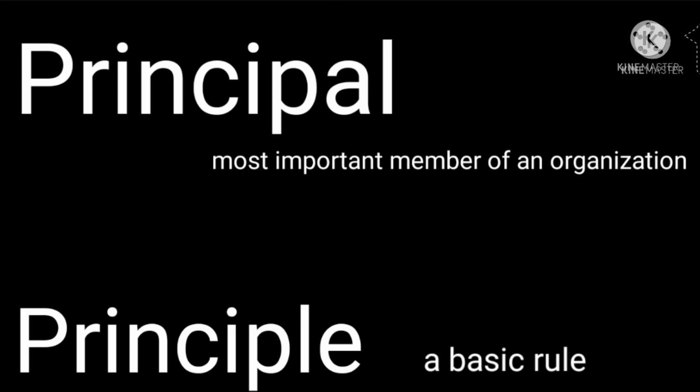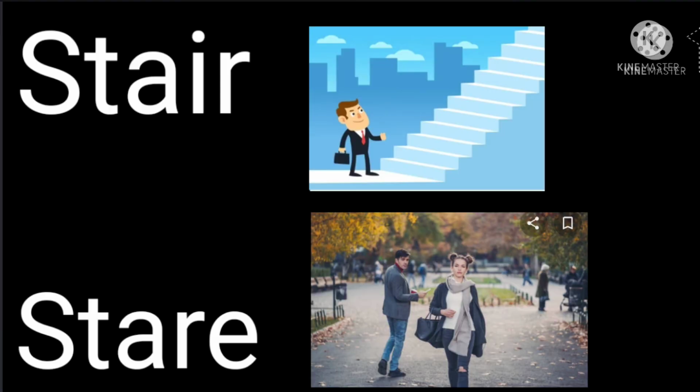So we need not get confused, because we know their spellings and we know their different meanings. Okay, now let's move to our next word. It is stare. Stare. How do we pronounce it? We pronounce it like this: stare.